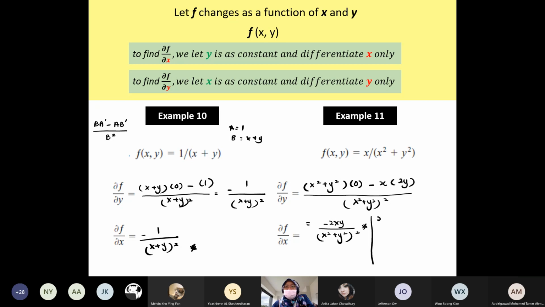Okay, so df over dx here is equivalent to this one differentiate with respect to x, you get 1.